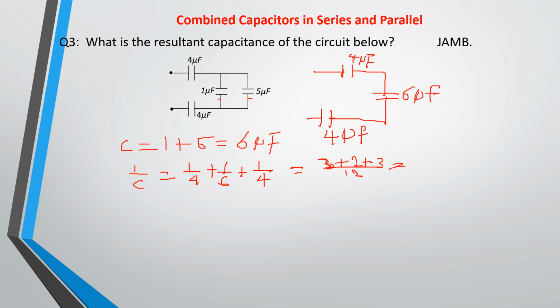So this gives us 8 over 12. And your C, the combined capacitance, will be equal to 12 over 8. So by the time you work that out, you have 1.5 microfarad as the combined capacitance.